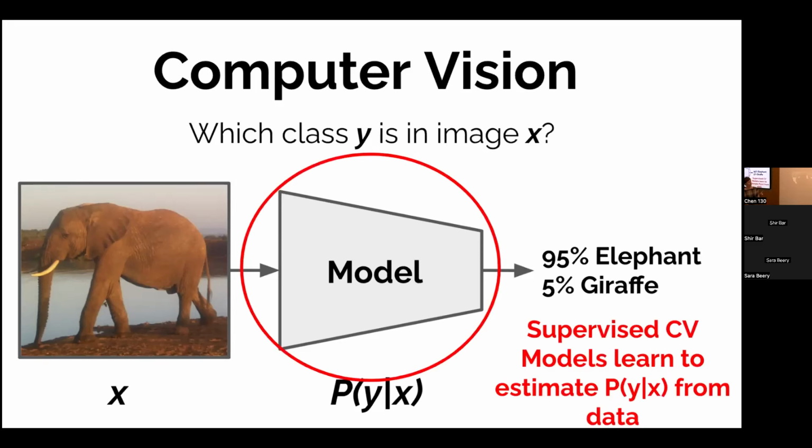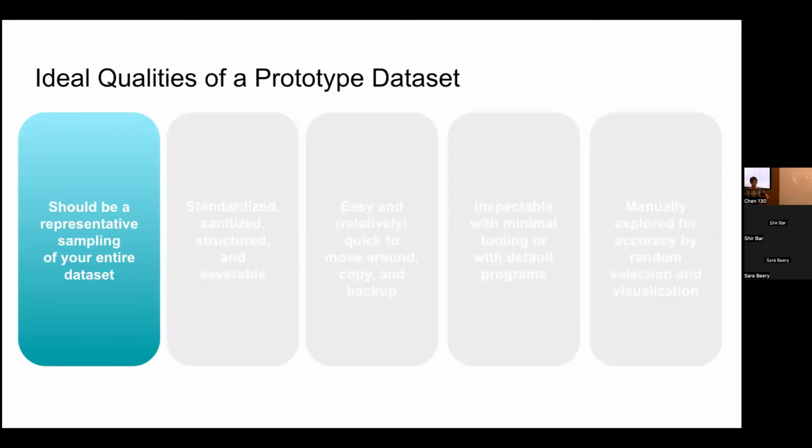But usually these days, this is some sort of supervised model. We're basically using some supervision, some set of data to learn to estimate this probability of Y given X for any image from some subset of data, some subset of images with the correct label. And that subset of data might have a few ideal qualities.